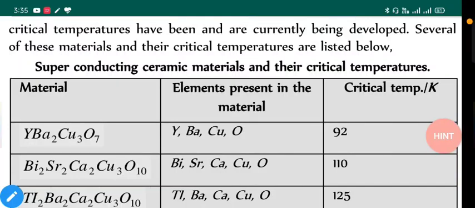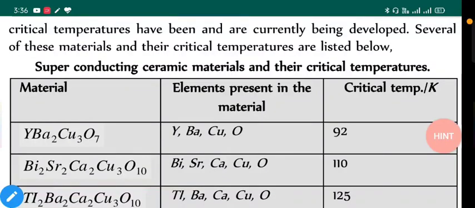So the words higher critical temperature actually represent that it is easy to obtain, not hard to obtain. Because if the critical temperature is low, it represents a very cold temperature, and if we are increasing the temperature, that means we need a less cold environment to use the ceramic as a superconductor.